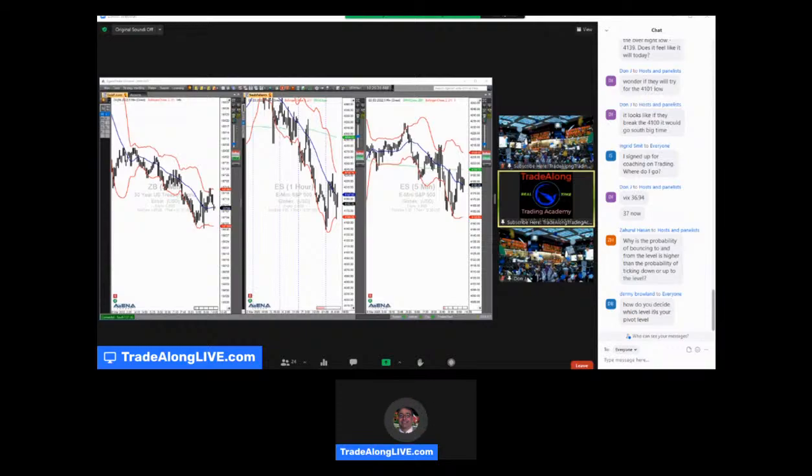We could go retest the lows, or we can push up to 42 and get above it. Definitely don't have any good feel for it.